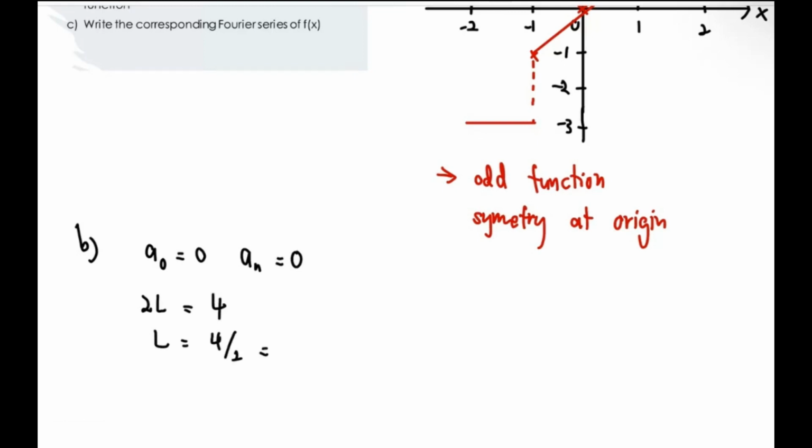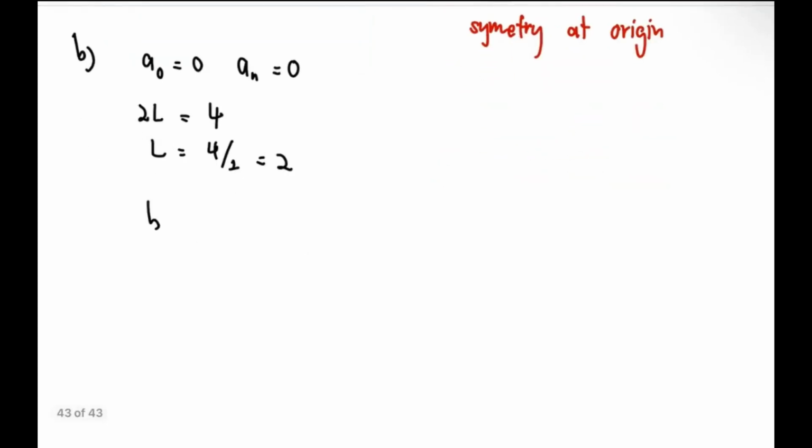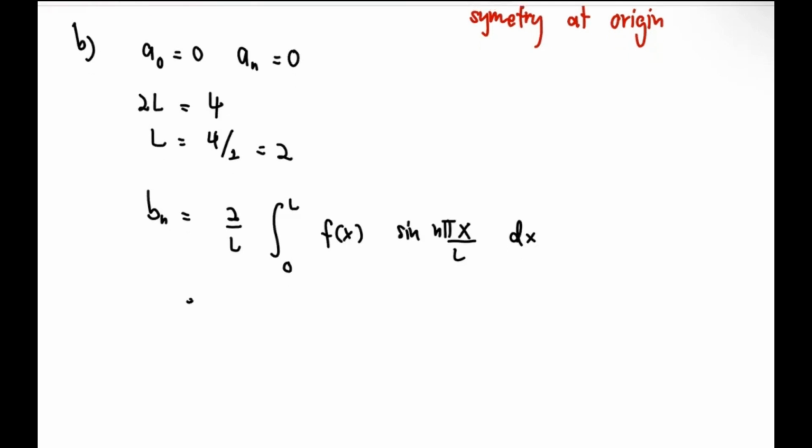So L is 2. And then define bn. Bn is 2 over L, integration 0 to L, fx sine n pi x over L dx. So 2 divided by 2, integration from 0 to 2, fx sine n pi x over 2 dx.